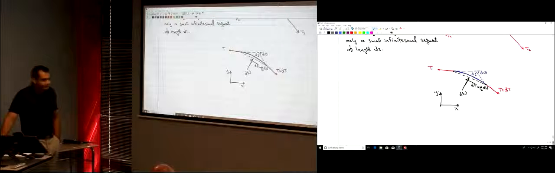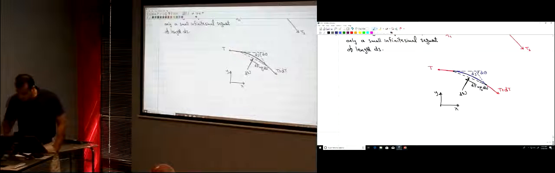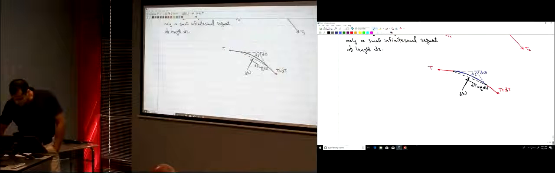I have to find the angle theta for each of those forces and find the x and y components of each. So instead of using this coordinate system, this is the coordinate system that we're going to use here.